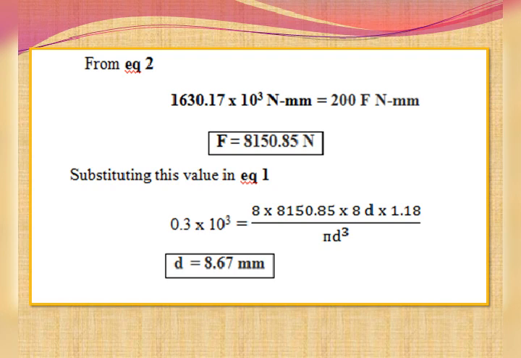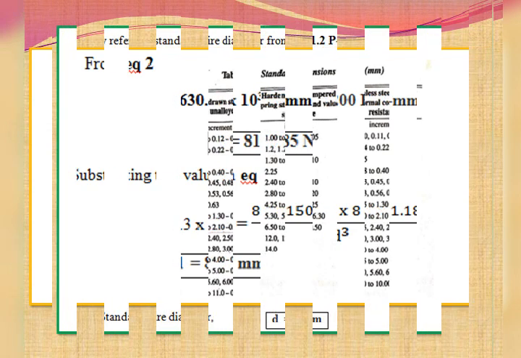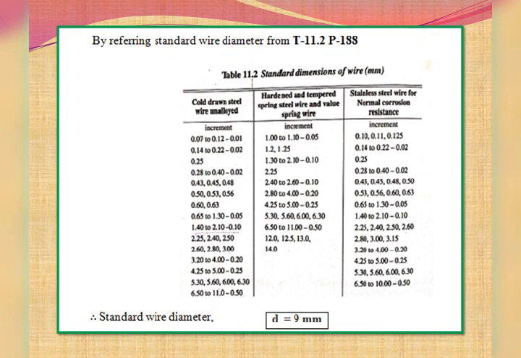Here I substituted numerator D as C times d, the spring index C, capital D by small d. So in the denominator only one d is going to remain. The value we are getting is d equal to 8.67 mm.